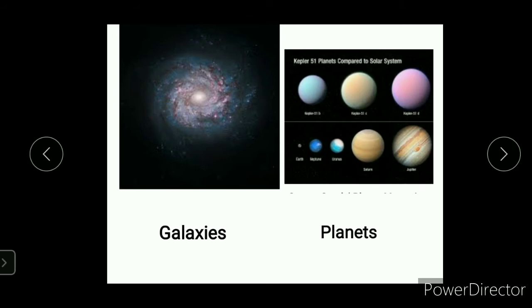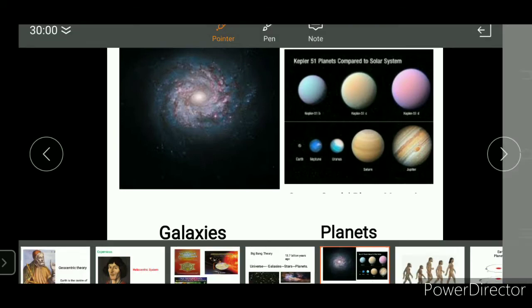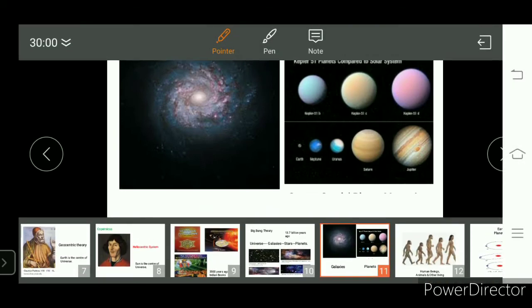In Telugu we call it Akasha Ganga. So many galaxies originated from the universe. And from the galaxies, stars have originated. From the stars, planets have originated. These are the planets, right? So this theory is what we call the Big Bang theory, right?